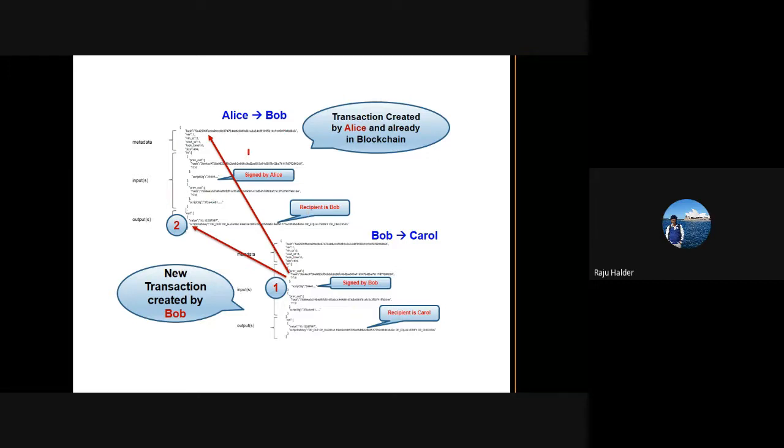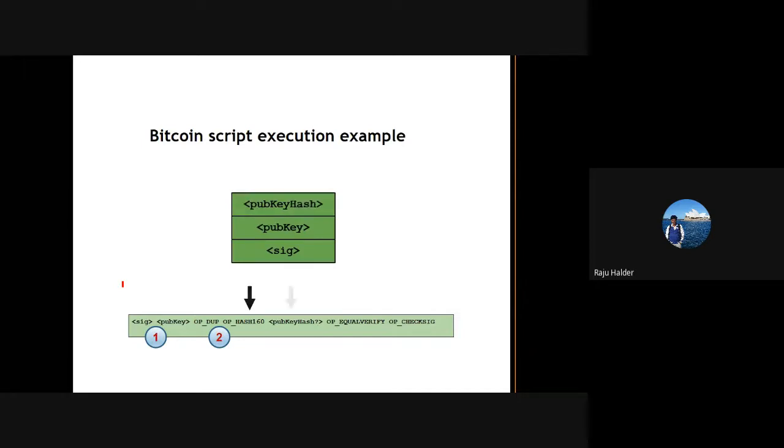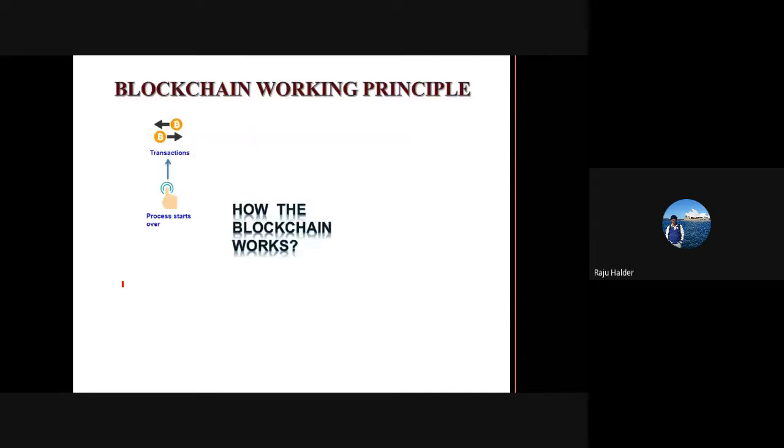So this transaction is also in their blockchain copy, and this is the new transaction they have received. They can extract this information, put it in sequence and execute it. With stack based execution, finally they observe that it's fine. This way all these transactions will be checked by every participant, or maybe some participants in the network.